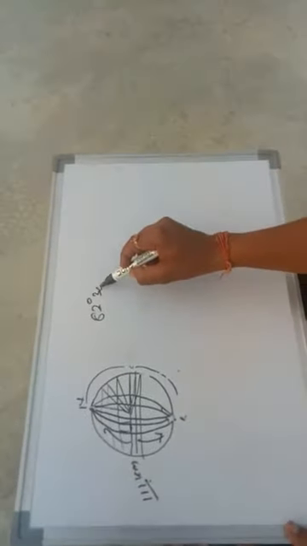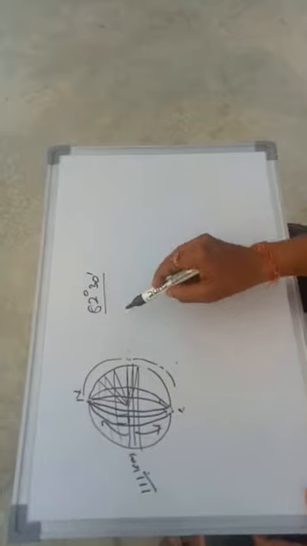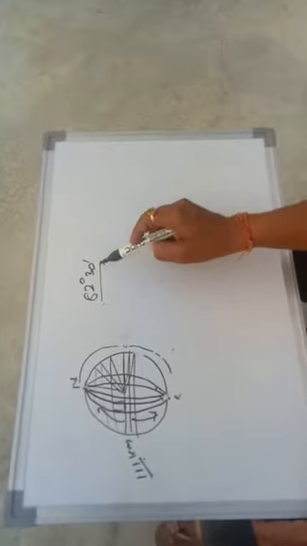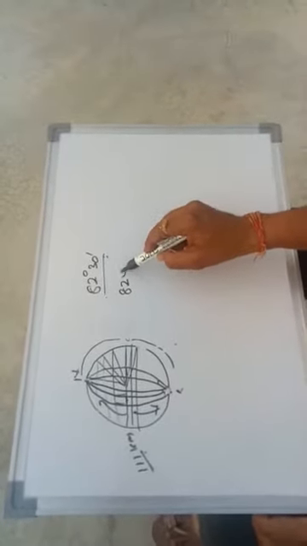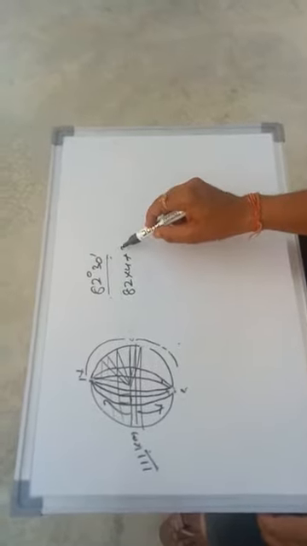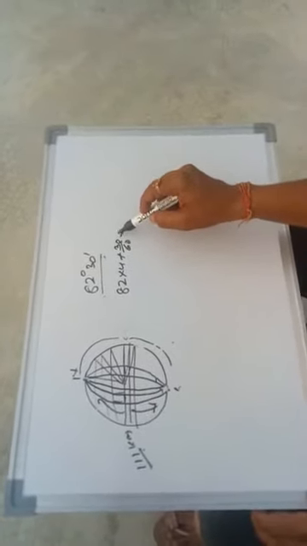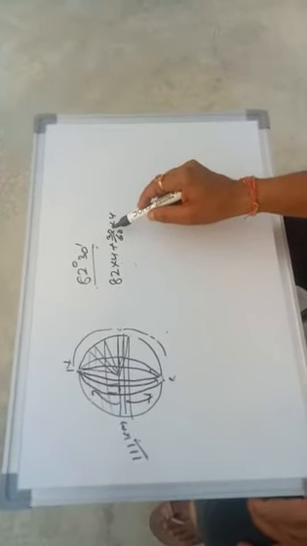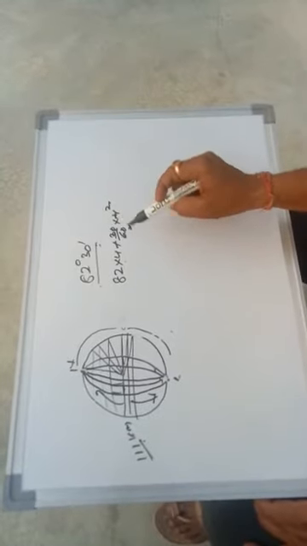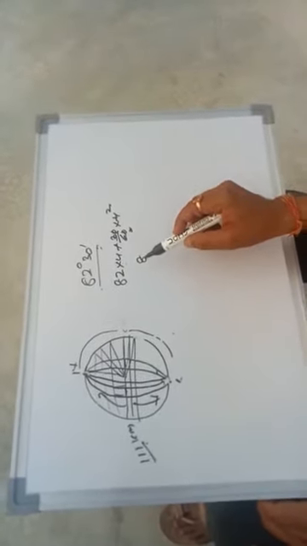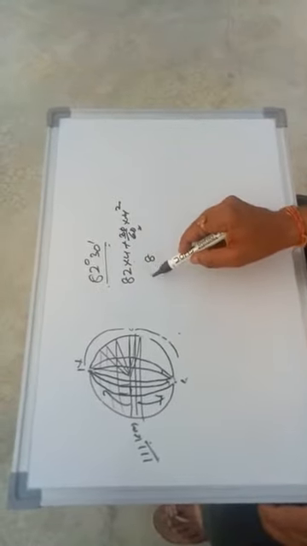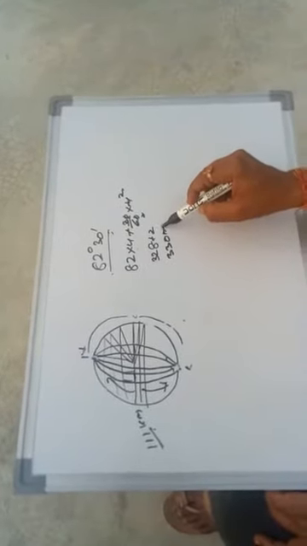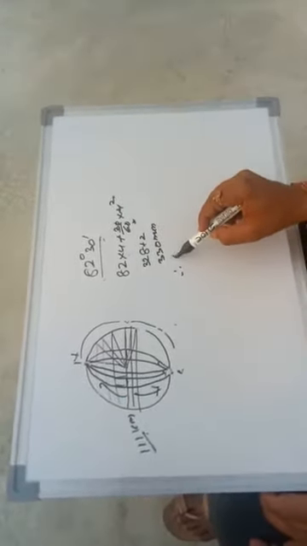It is 82 degrees 30 minutes. It means we are ahead of 82 degrees 30 minutes. If we convert into time, 82 into 4 plus 30 by 60 into 4, it is 330 minutes.